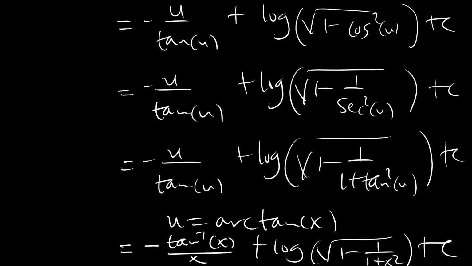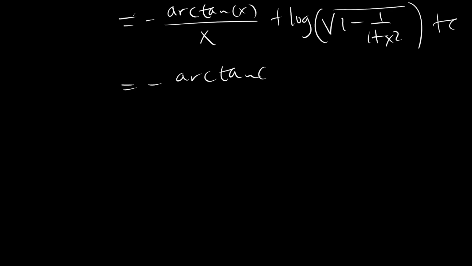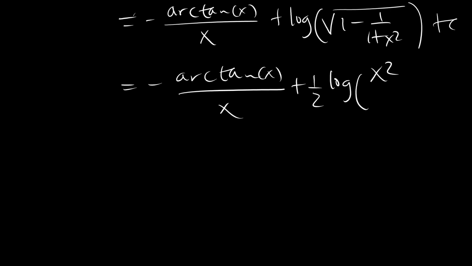Okay, so since we brought the problem to where we have arctangent of x over x plus the natural logarithm of the square root of 1 minus 1 over 1 plus x squared plus c, we can reorganize that to plus a half natural logarithm of x squared over 1 plus x squared plus c.